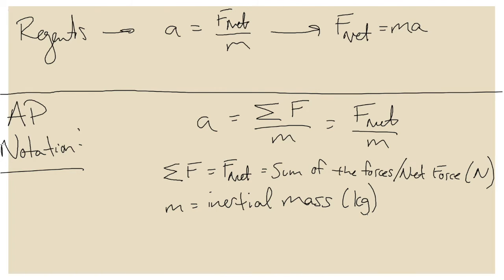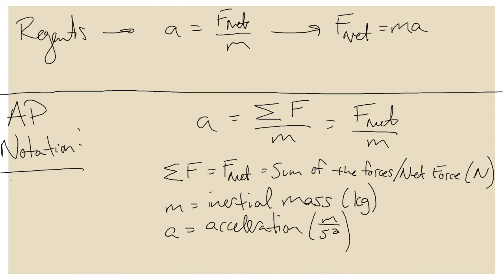Basically, what I want you to be aware of right now is that when you see the phrase inertial mass, you understand that it means the M in this equation, Newton's second law. And then lastly, we have our A here, the acceleration, which, as I'm sure you all know, is in units of meters per second squared.